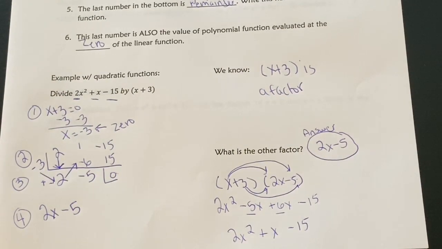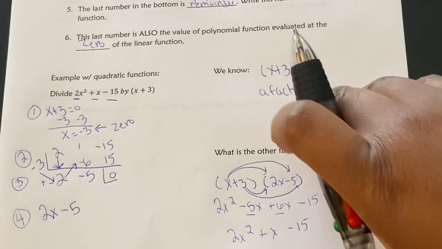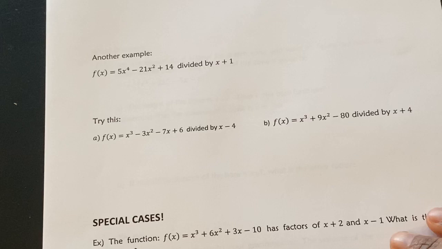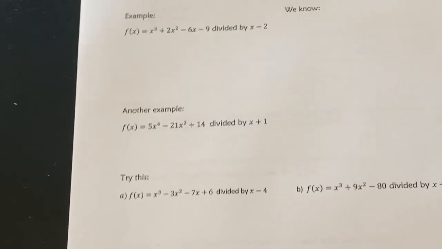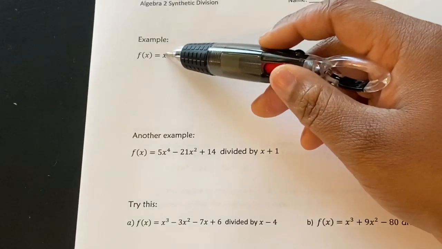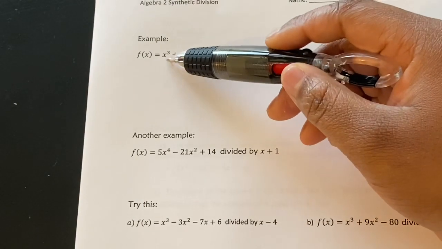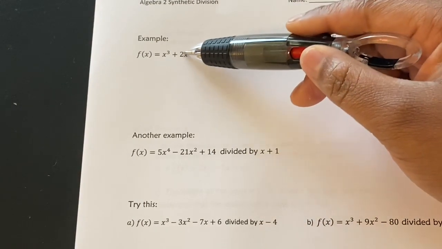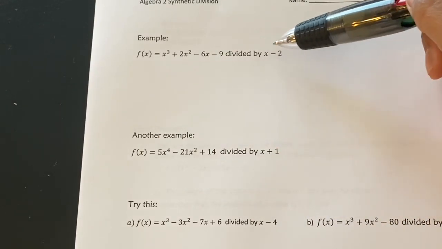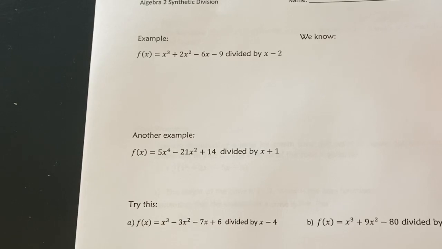All right, let's do it again, except now we're going to do it with a polynomial that has a highest degree of 3. So we have x cubed plus 2x squared minus 6x minus 9 divided by x minus 2.